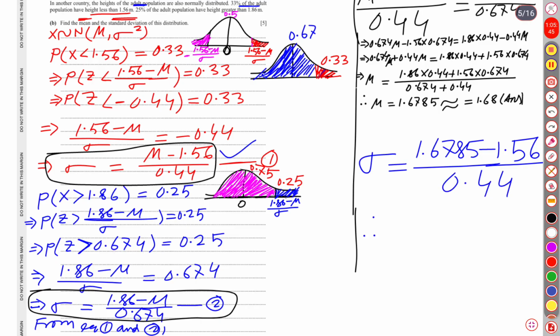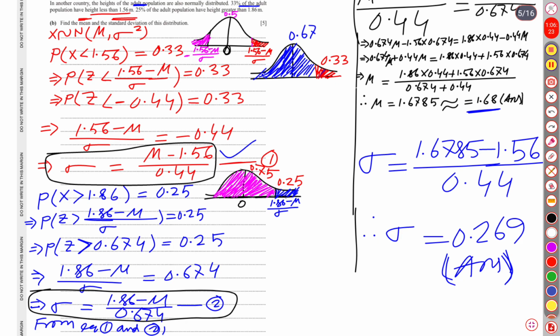So hence our sigma, if we round it up to three significant figures, is 0.269. So that is the other answer. So we have got our final answers. Our mean value is 1.68 and our standard deviation is 0.269. So this is all about the whole of the solution.